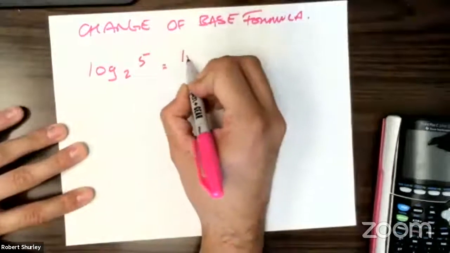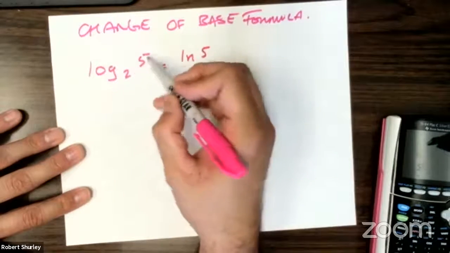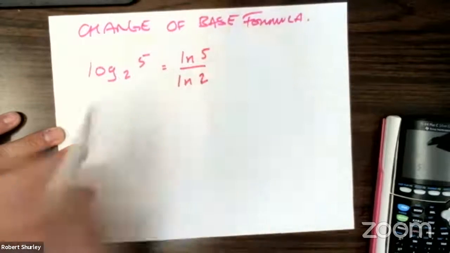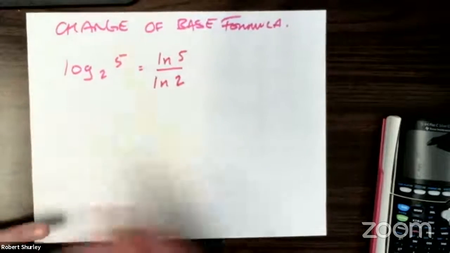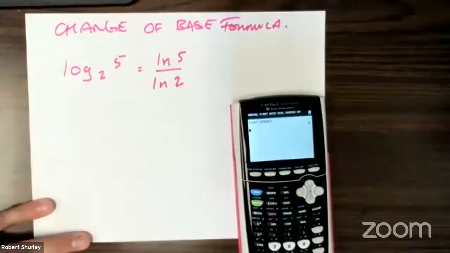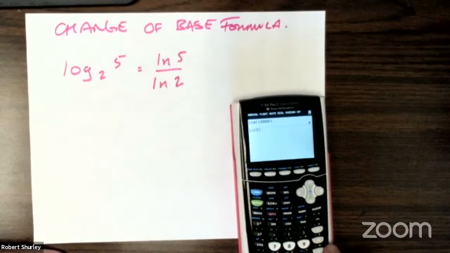You take the ln of what's inside the logarithm, over ln of the base. So ln of 5 over ln of 2. I can't do log base 2 of 5 in my calculator, but I can do ln of 5, close the parentheses, divided by ln of 2.